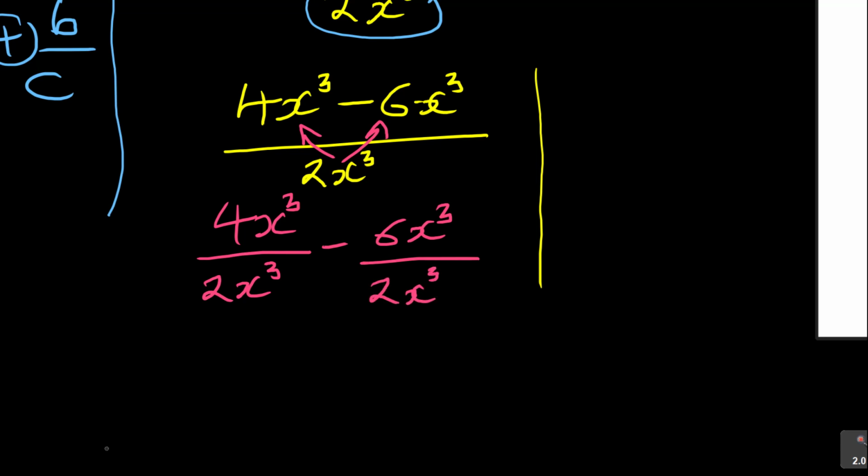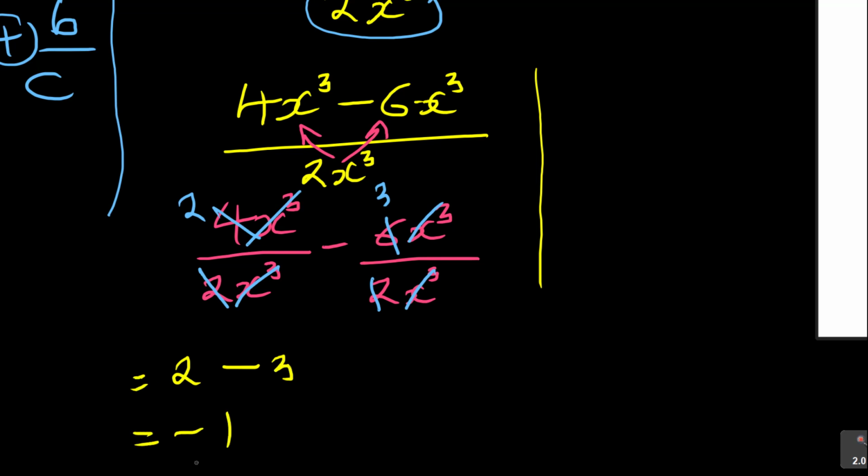Then you can now do this. X cubed cancels the x cubed. 2 goes into 4 2 times. Then you'll have here 2 minus, do the same thing here. X cubed cancels, 2 goes into 6 3 times. So 2 minus 3. What is 2 minus 3? Take a calculator if you are confused, it's minus 1.